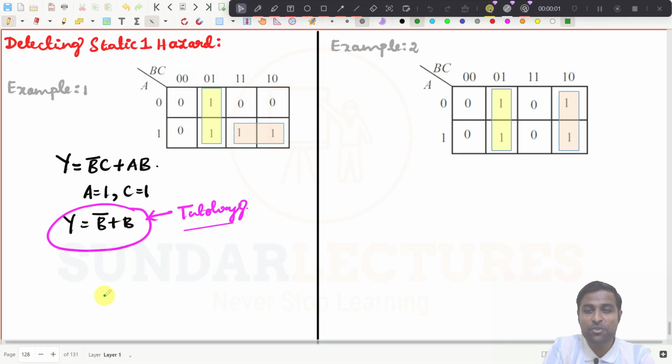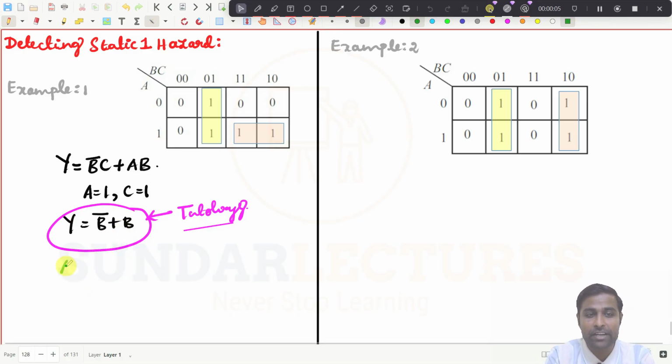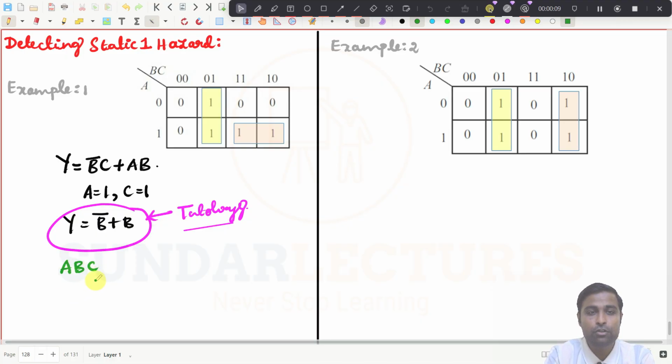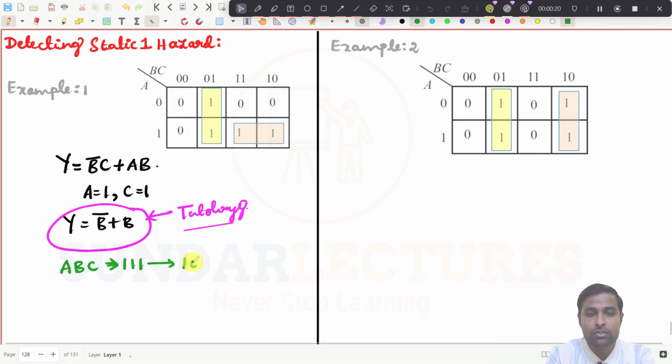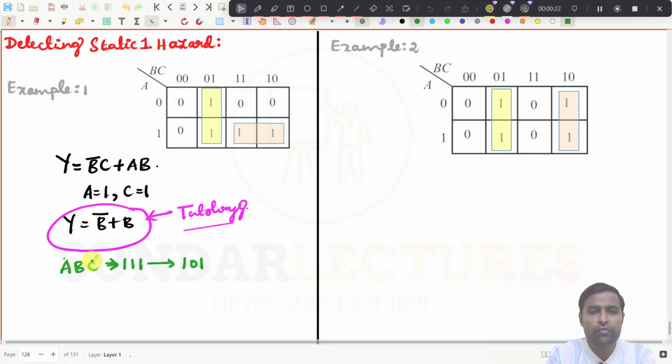So when is this going to happen? Very simple, you have B plus B bar, right? So you have A, B and C, with A equal to 1 and C equal to 1. So there is no problem. From 111 to 101, these two inputs are not going to change, but this B is going to change from 1 to 0.